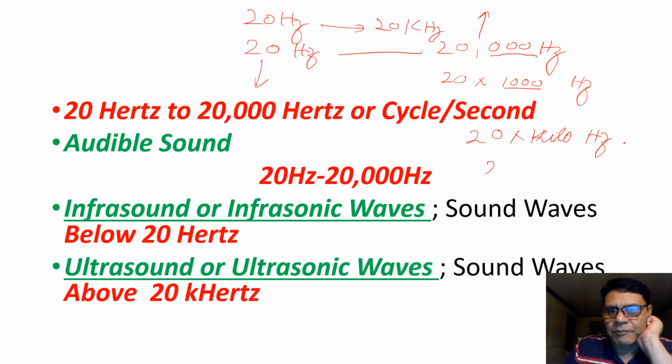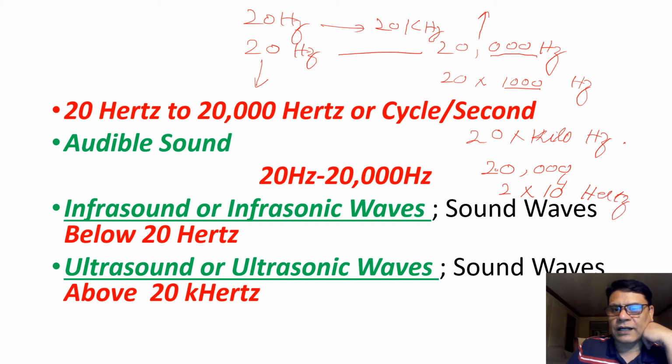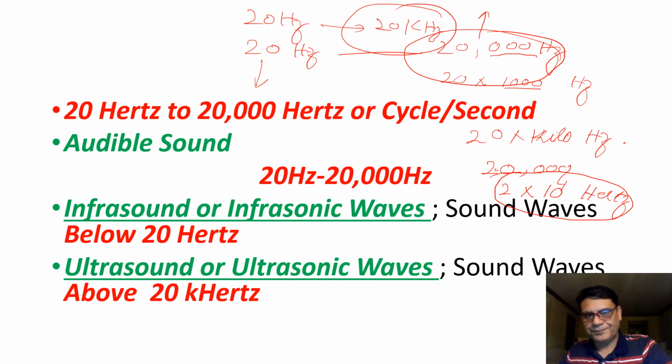We can also write this number as 10 raised to power 4 hertz, counting the number of zeros: 1, 2, 3, 4. So it's another way to write the frequency of 20 kilohertz or 20,000 hertz.